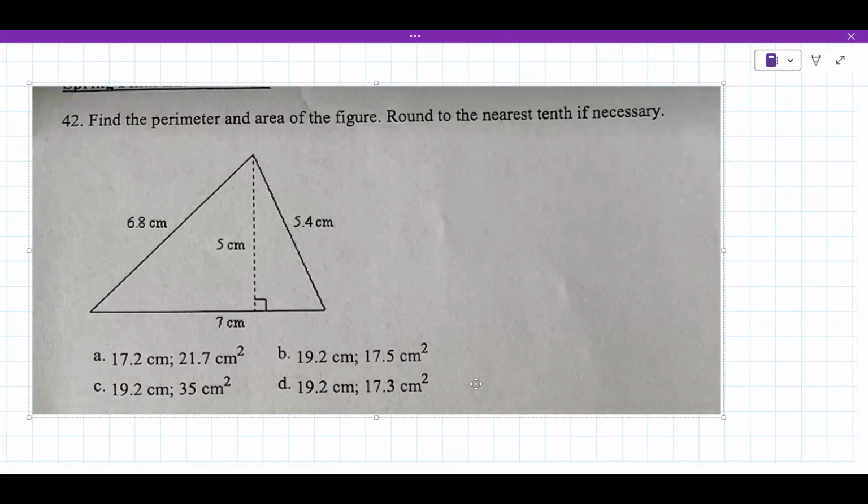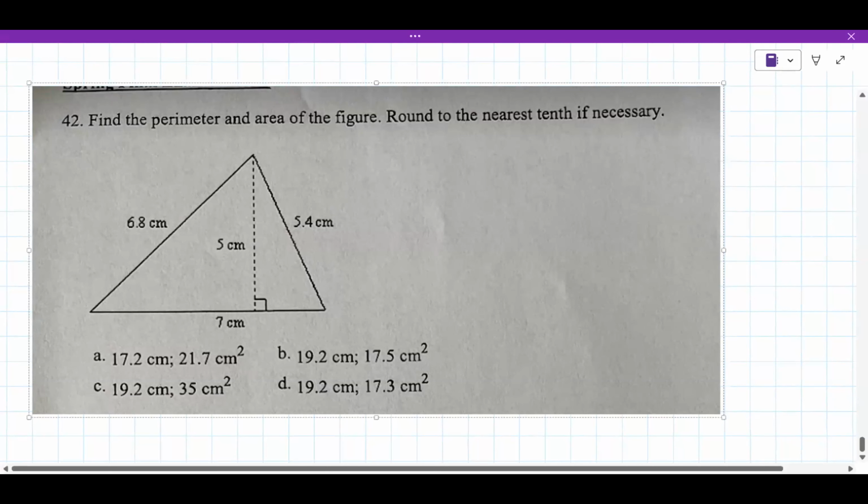So find the perimeter. I would do 6.8 plus 5.4 plus 7, which gives me 19.2 as the perimeter.